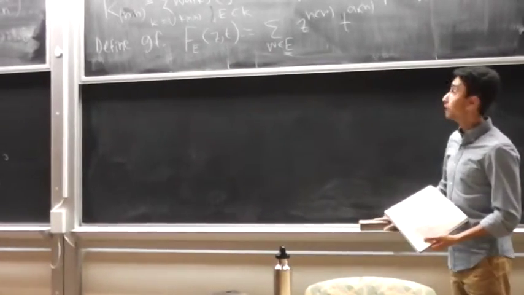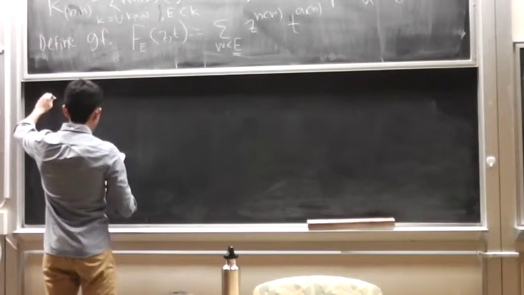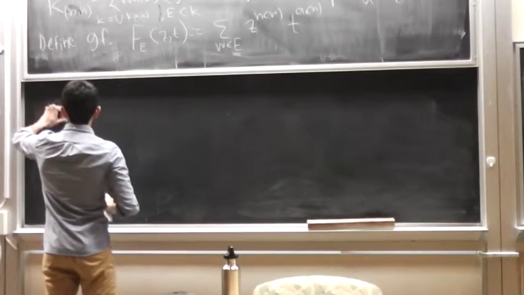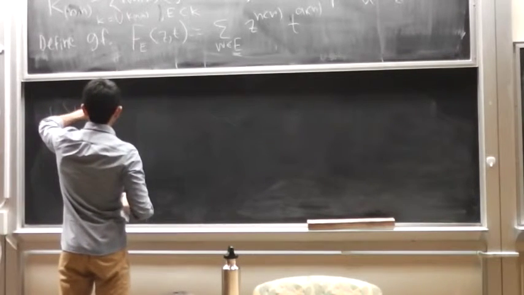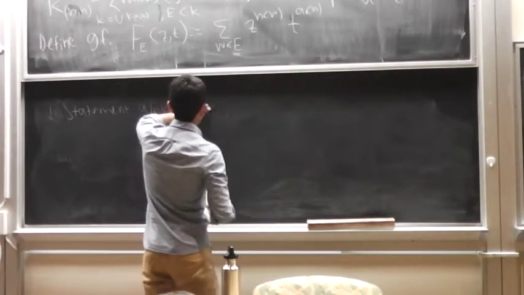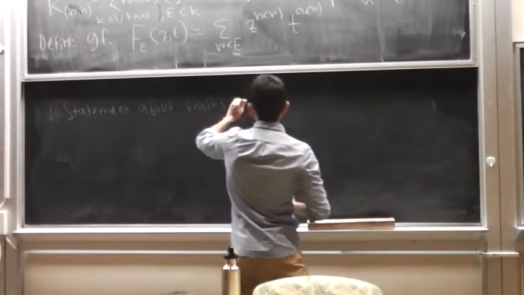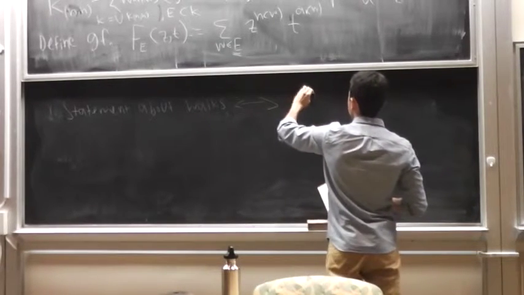What we can do is take a statement about walks. We're going to use the fact that in a lot of cases we can convert that to a statement about generating functions.